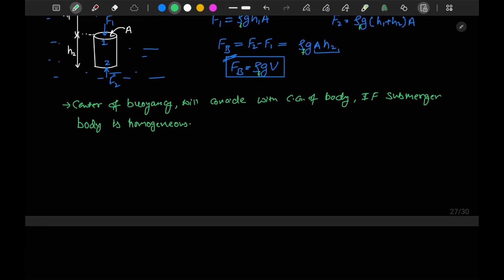So now let's talk about the buoyant force in case of floating bodies, or partially submerged bodies.